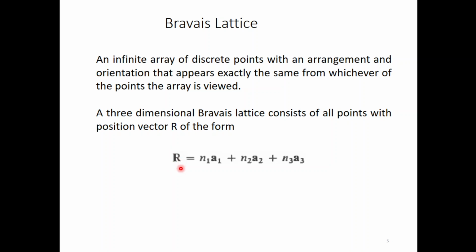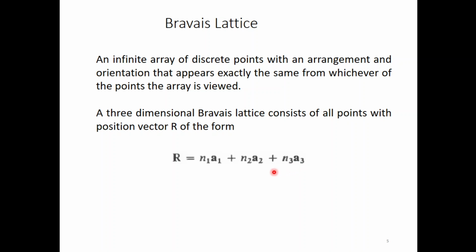This is the lattice translational vector represented by R. This is N1 A1. So this A1 is the lattice translational vector along one axis. This is lattice translational vector along the second axis, and the same along the third axis.